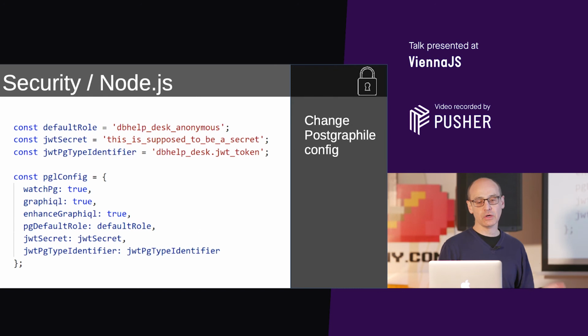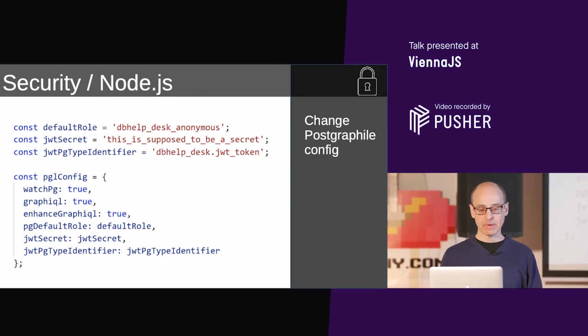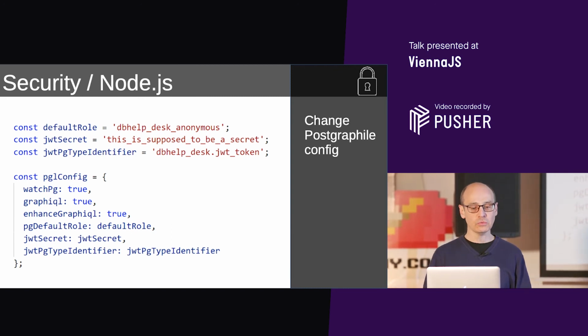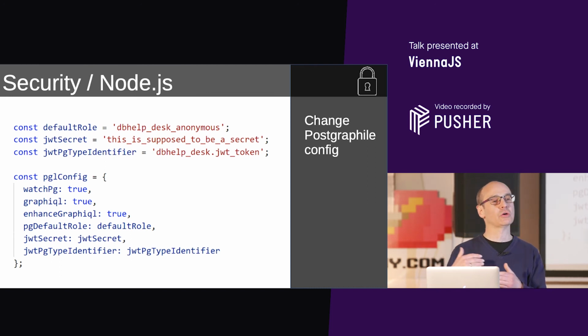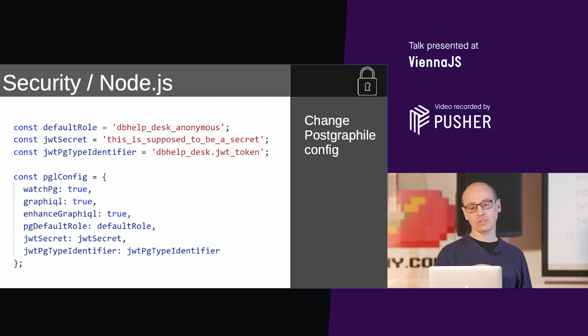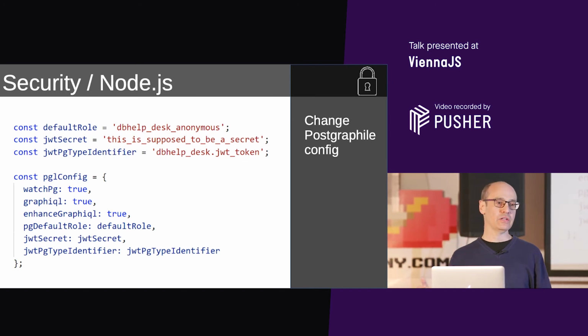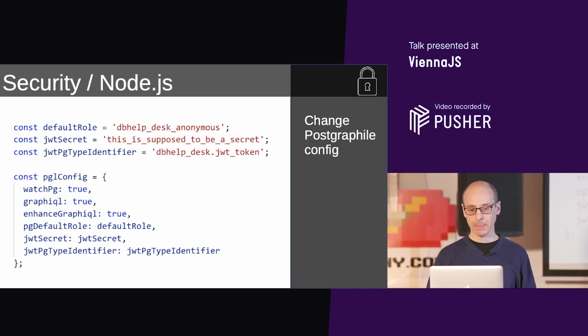Once that is done, you need to set a couple of settings on the Node.js side. I'm adding here the default role that the user is going to have, in this case anonymous, and the secret. The secret is what is going to be used to sign the JSON Web Token, and also the type that is used within Postgres to define the fields of the JSON Web Token.